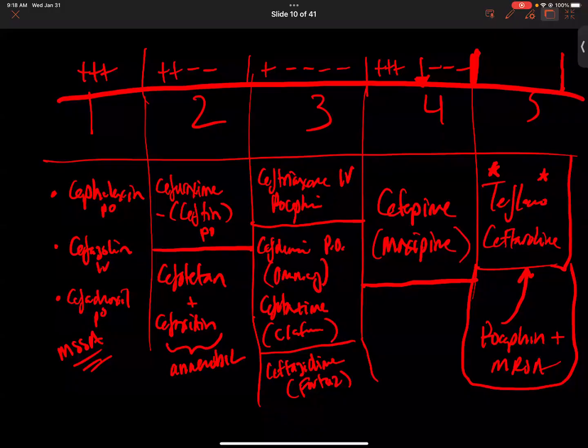Guys, if you can treat an infection with a beta-lactam, it's the best choice. Right? The beta-lactams are by far superior compared to any other class of antibiotic. If the bug is susceptible to a beta-lactam, use a beta-lactam. If a patient says they're allergic to a beta-lactam, it shouldn't just be a reflex to go on to a different drug.